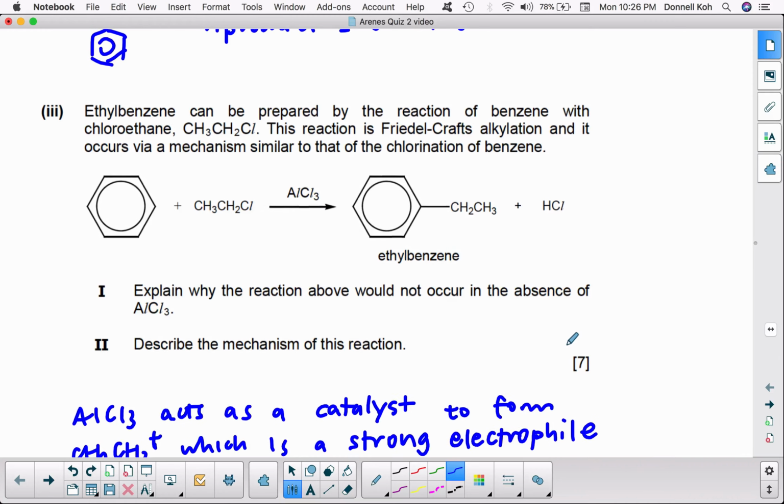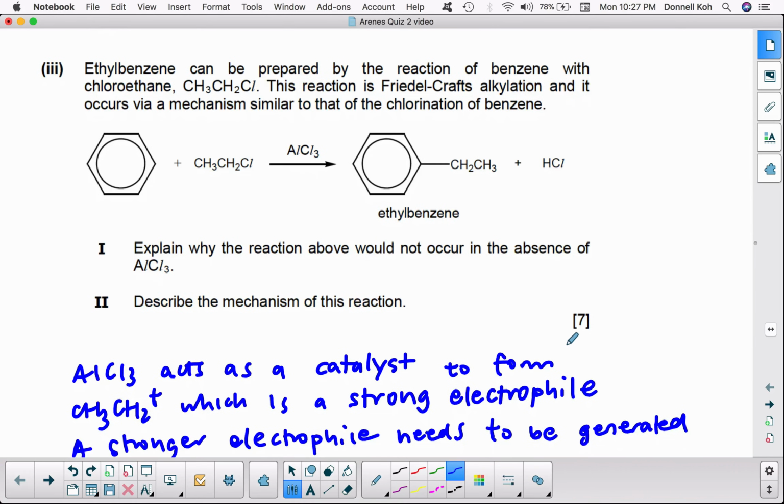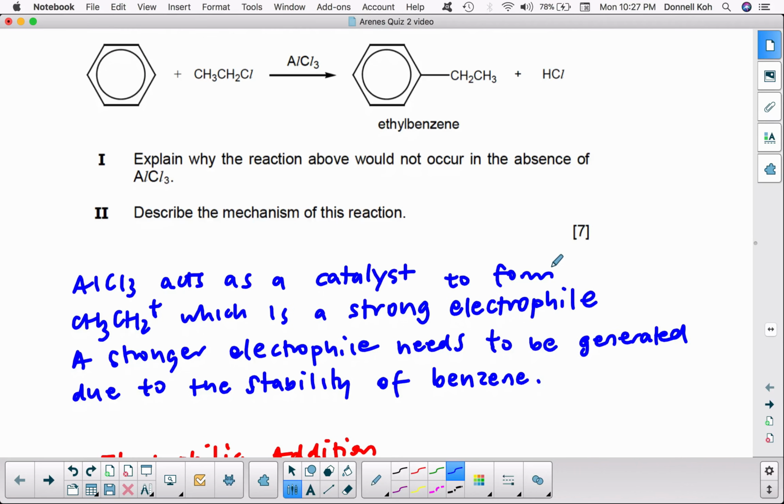Ethyl benzene is prepared by the reaction of benzene with chloroethane. So this reaction is a Friedel-Crafts alkylation reaction. Explain why the reaction above would not occur in the absence of aluminum chloride. So let's look at what's the role of aluminum chloride. Aluminum chloride acts as a catalyst to form CH3CH2+, which is a strong electrophile.